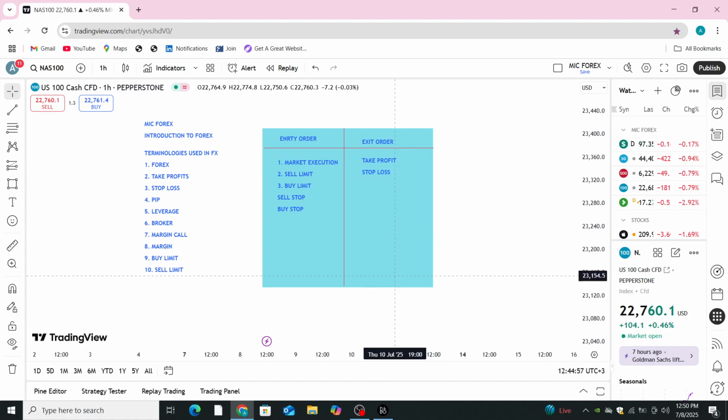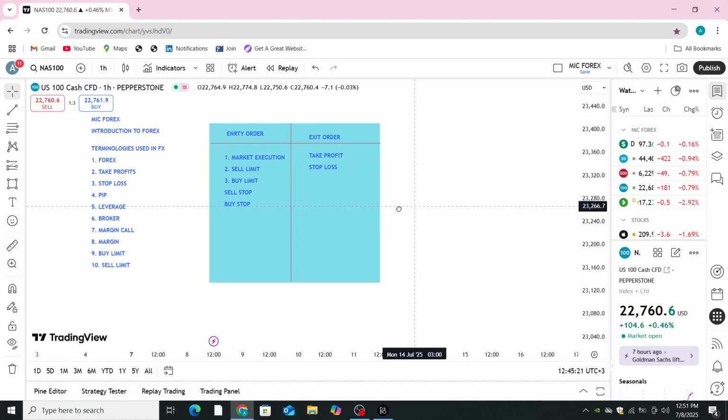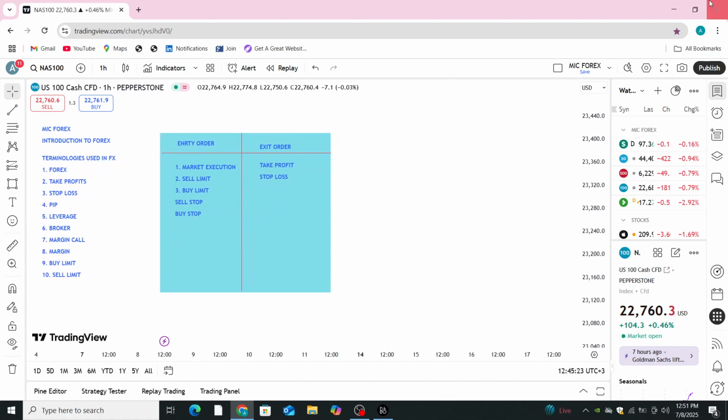These are the two sides that I consider very important to talk about when taking trainees through forex. Let's start with the entry models. I've already told you that you need to go to your MT5 and understand how they operate, but I'm just going to give you the definitions and some illustration.